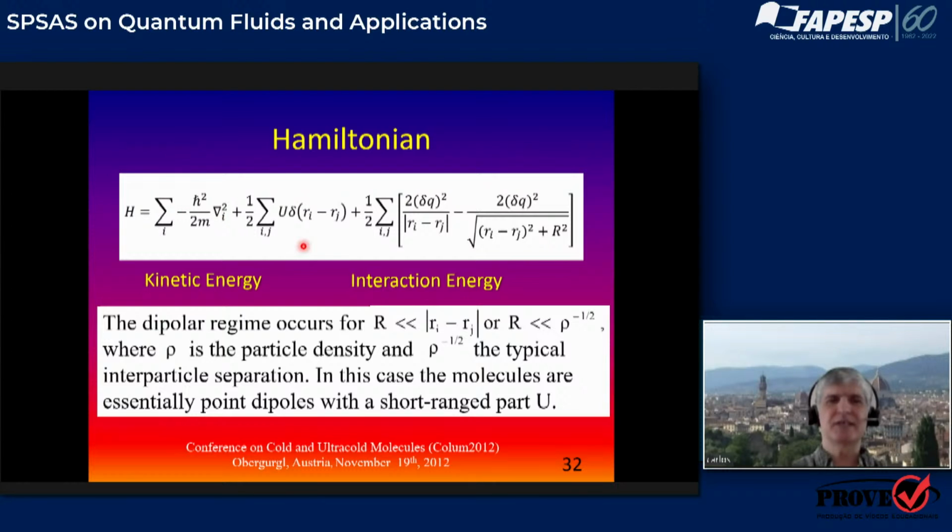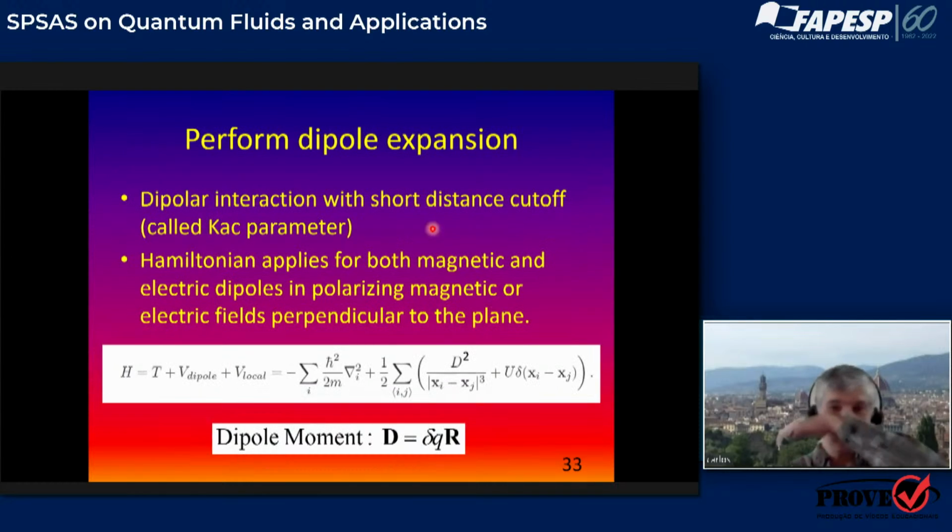It has a kinetic energy, a contact interaction associated with the scattering length of the system, and the dipole interaction coming from the dipole expansion. Doing the dipole expansion explicitly, the Hamiltonian can be simplified and written with the kinetic energy, the dipole interaction, which is now purely repulsive because all the dipoles are aligned, and a contact interaction, U, which is controlled by the scattering length.